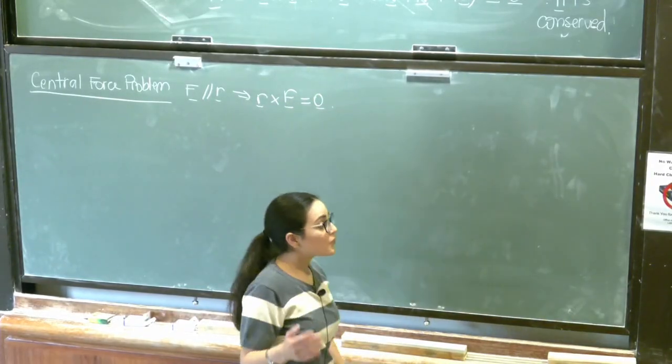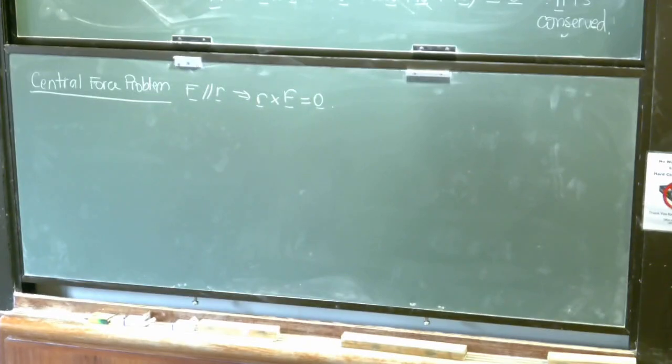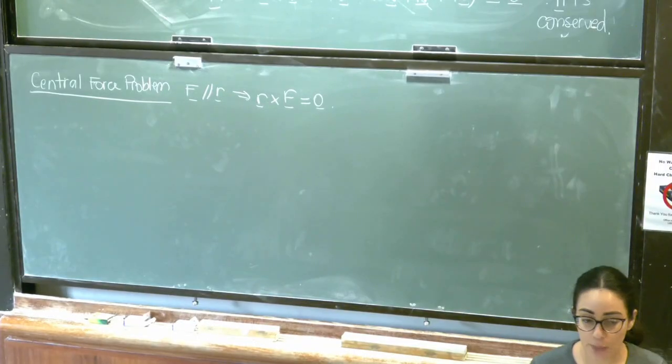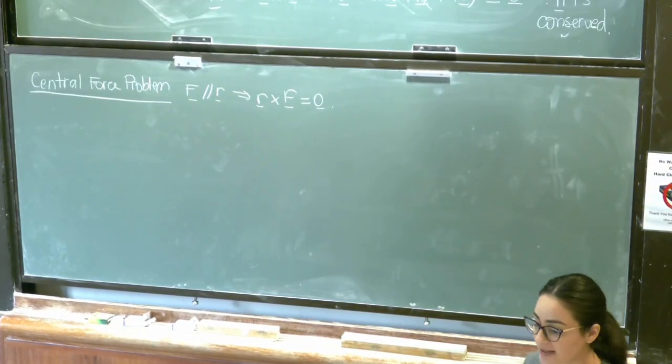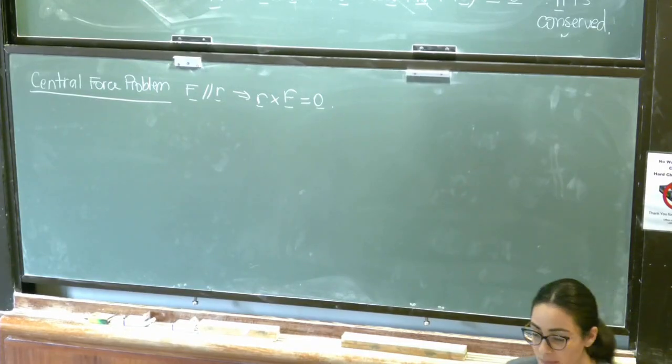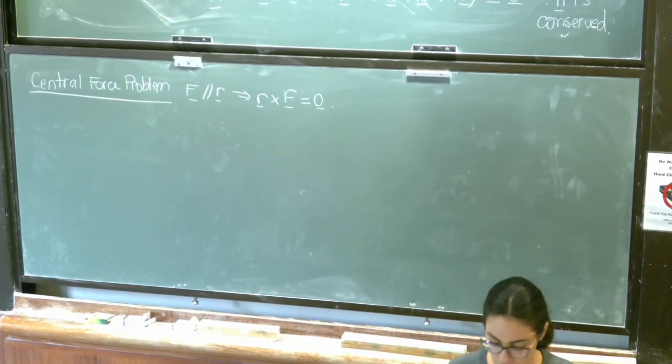So this here is a central force problem. F is parallel to r, the position vector of the particle, at all times. And problem 2, set 12, problem 6 is also a central force problem. Again, what is a central force problem? It's the problem where F, the sum of forces acting on the particle, is parallel to r. And for these problems, the angular momentum about O is conserved.